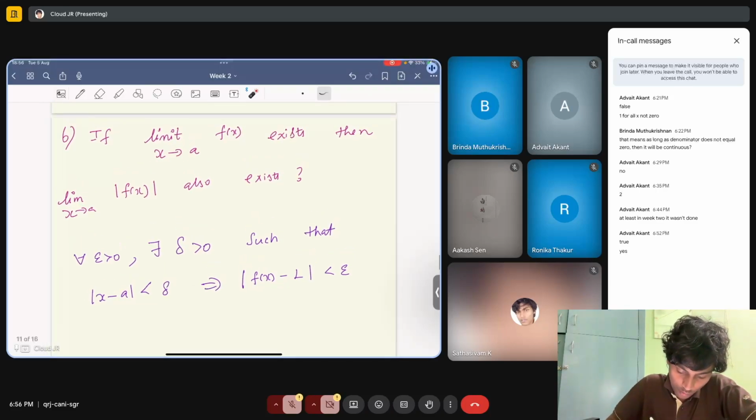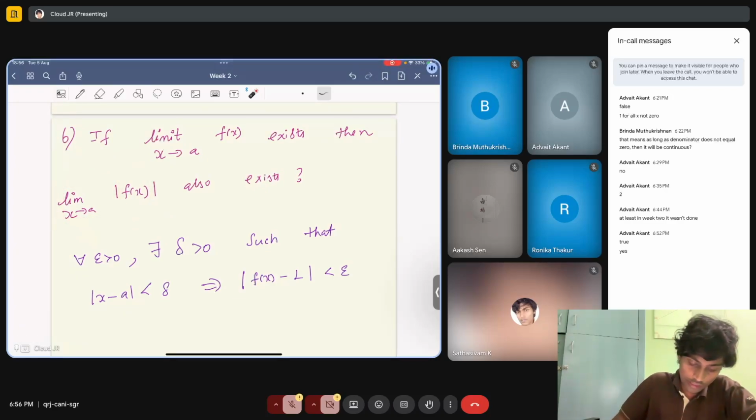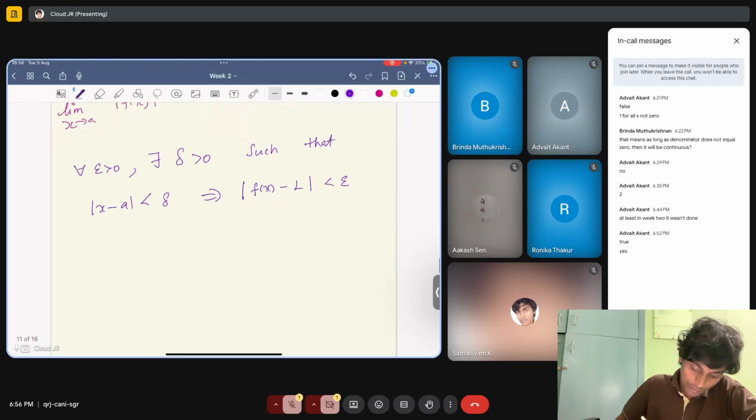Okay, so now what I have to see is whether the limit as x tends to a of modulus of f of x also exists, right? So that means, given epsilon, let epsilon greater than 0 be given.